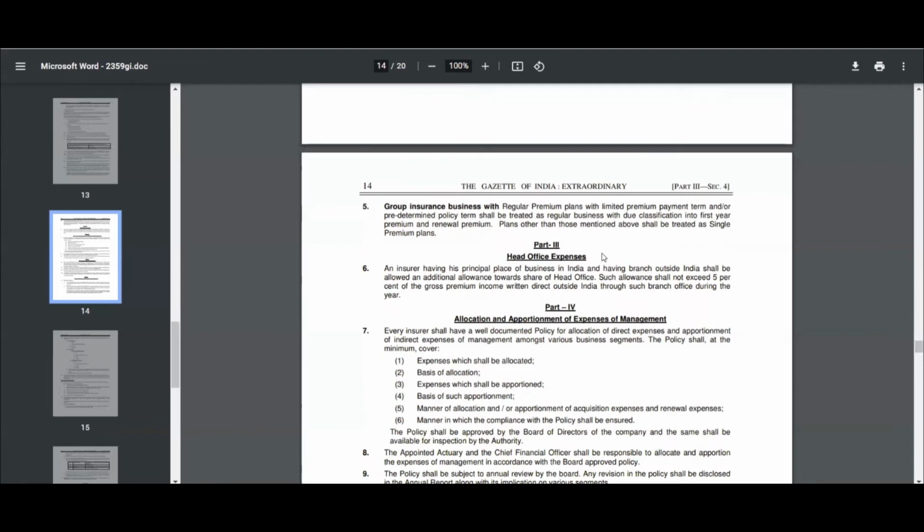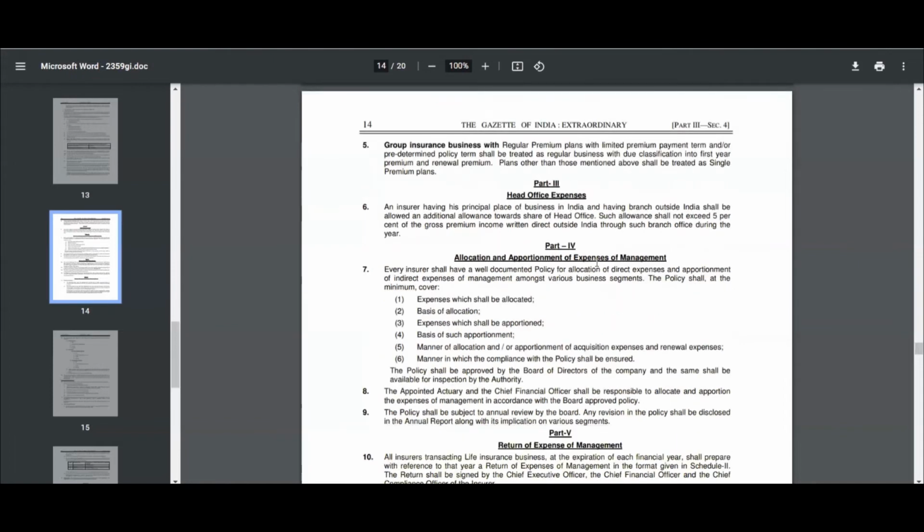What goes into the documentation are the expenses which are to be allocated and the basis of such allocation, the expenses which are to be apportioned and the basis of such apportionment, and compliance with the board approved policy.